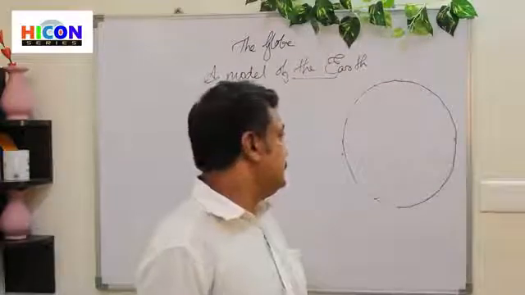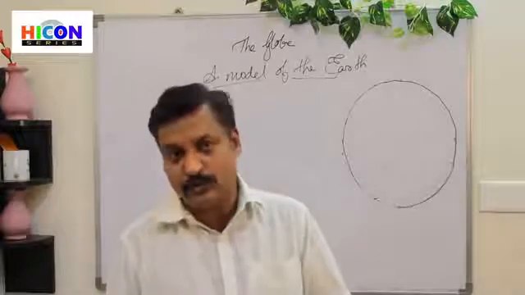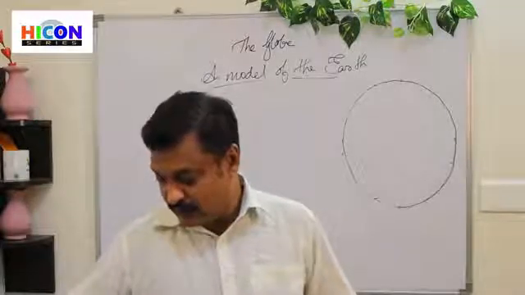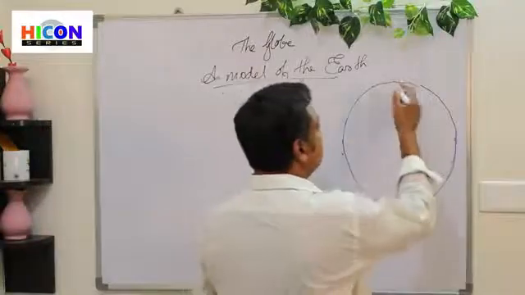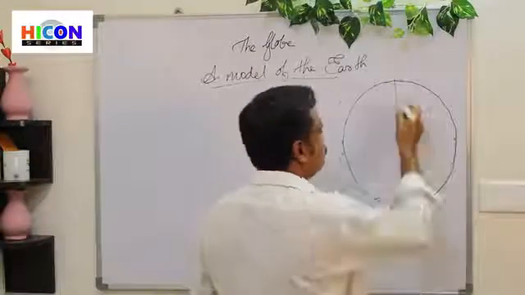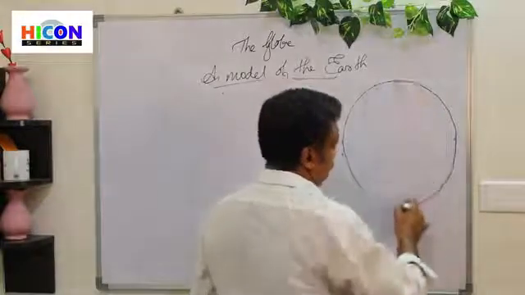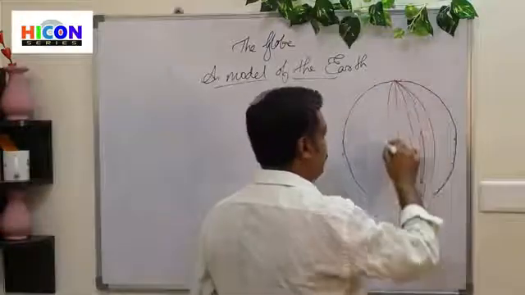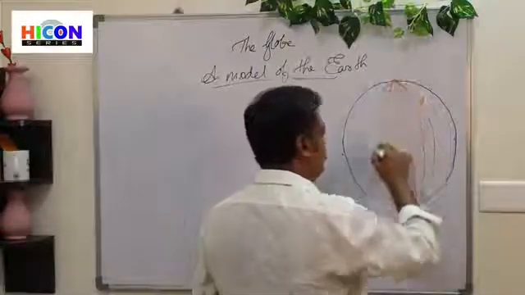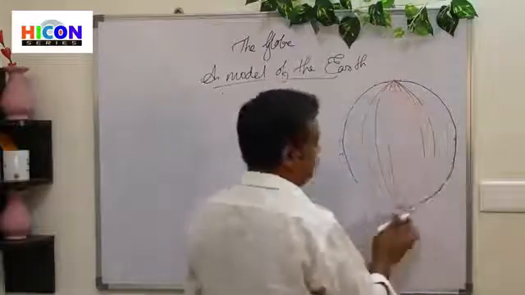So the other set of lines that we have on the earth are the lines that run from pole to pole, that originate at the north pole and end at the south pole, like this one. It goes on like this, okay?